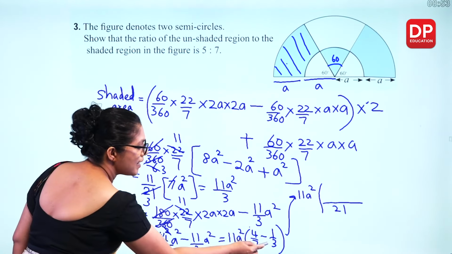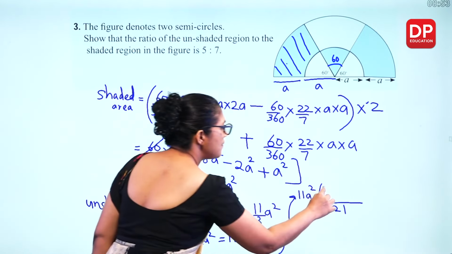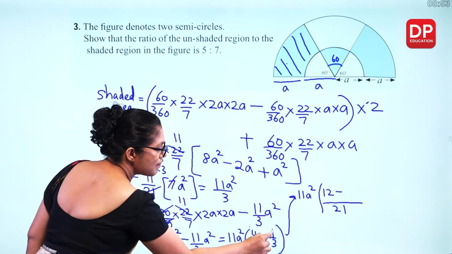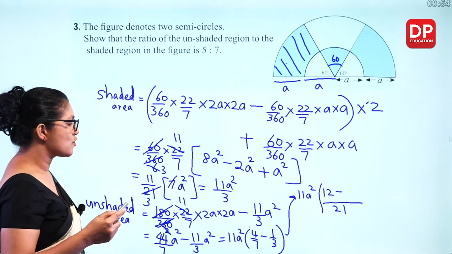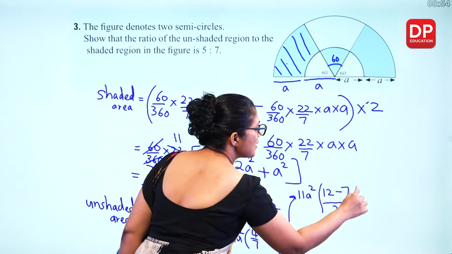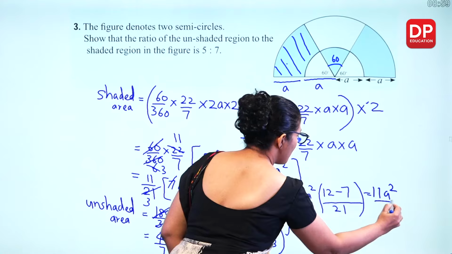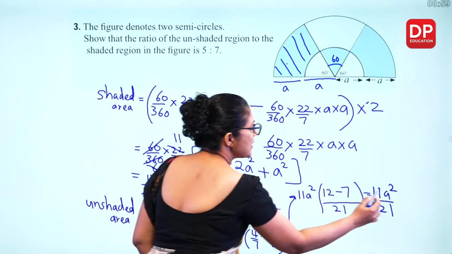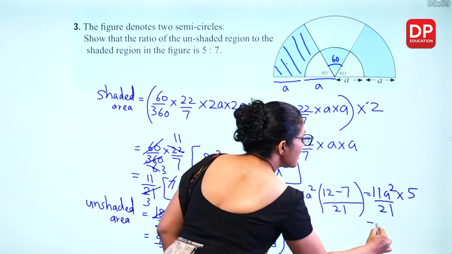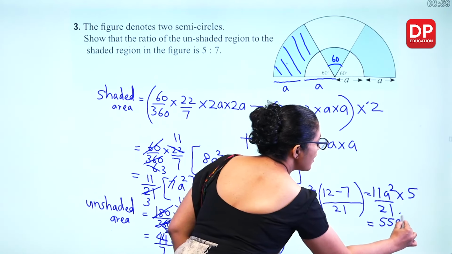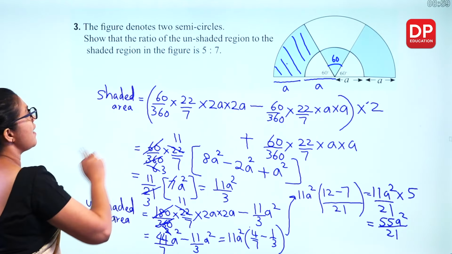So I need to multiply this by 3, 3 times 4, 12, and subtract by multiplying this by 7, because you need to get the same denominator. So 7 times 1, 7. When you simplify, you get 11A squared over 21, 12 minus 7 is 5. So the answer is 55A squared over 21. Now we found the unshaded area and the shaded area.